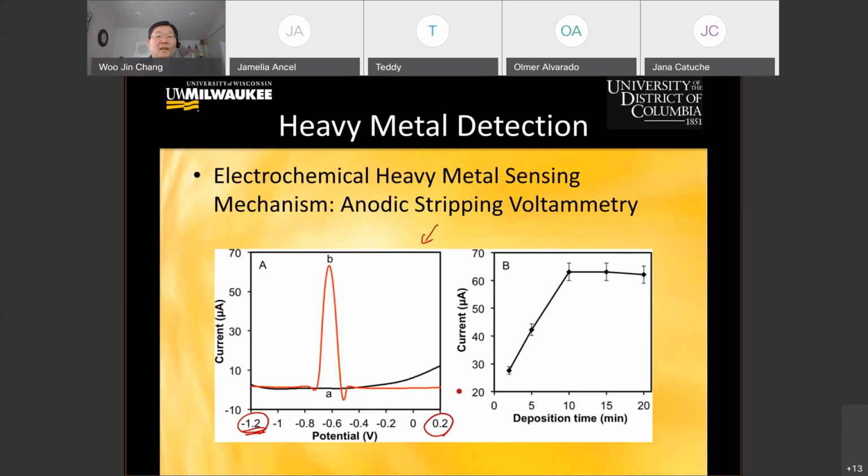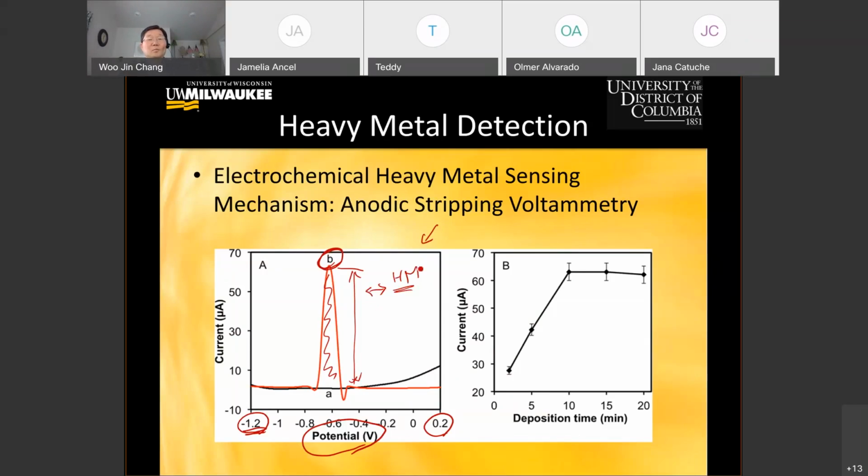And then at a certain potential, certain heavy metals are removed from the surface of the electrode. So if I can quantify the height or area of this peak, then this is correlated to the concentration of certain heavy metals.